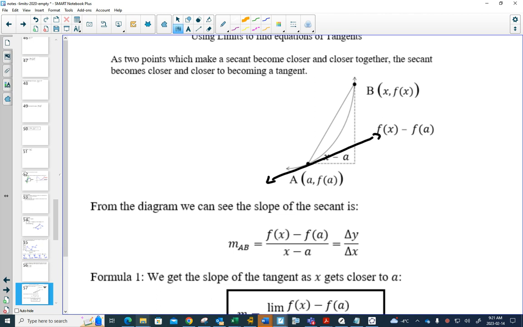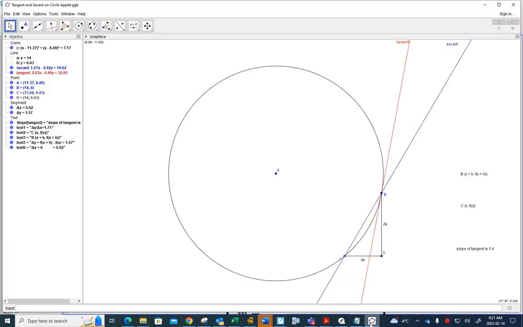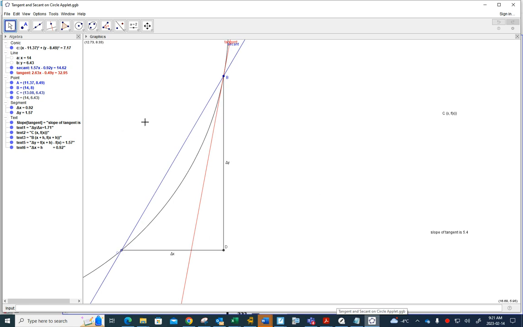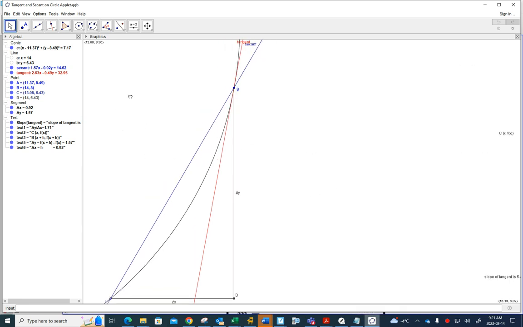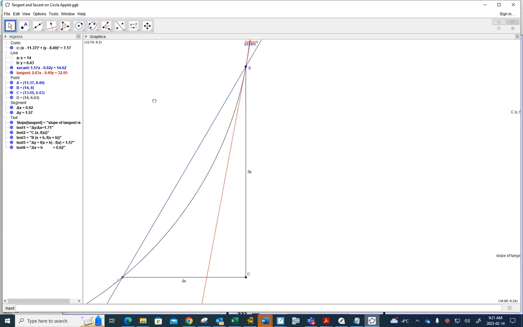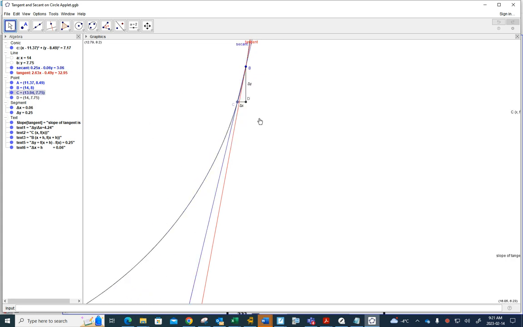And I hope that you can see that the slope of the secant line and the slope of the tangent line are different. But if I took this and I zoomed in to that section, oh, I've got my tangent at B. Doesn't matter. Here, I'll make it the same diagram.